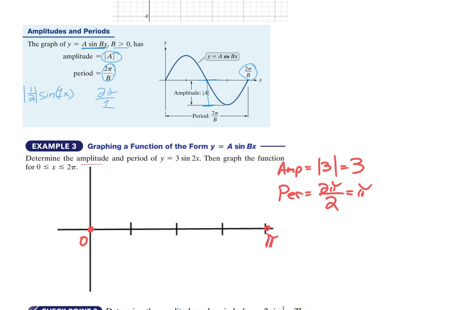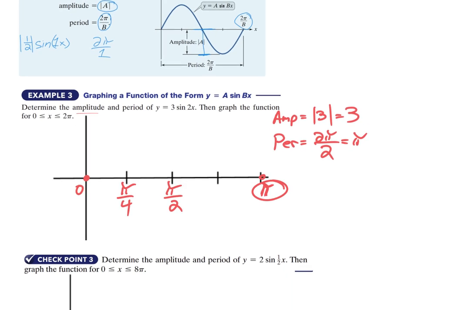Now this is where, if you are comfortable with fractions, that's going to make it a little bit easier. Half of pi will be this point, so that's pi halves. And then we take half of that again, so half of pi halves is pi fourths. Then you can either add these two or multiply by 3 to get 3 pi fourths.